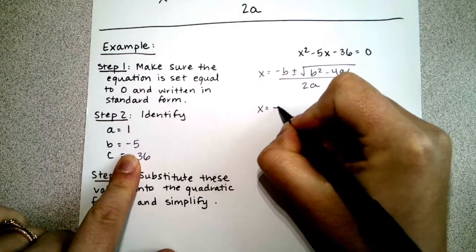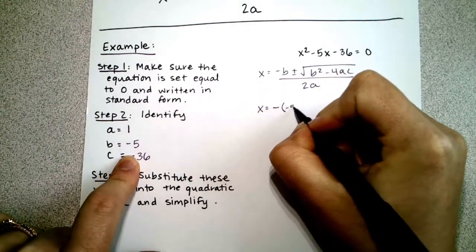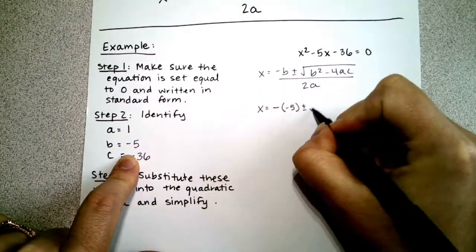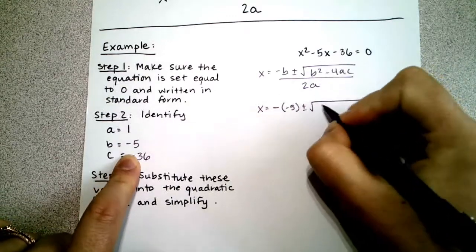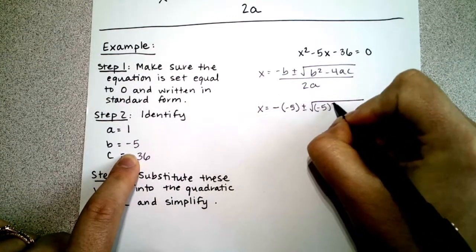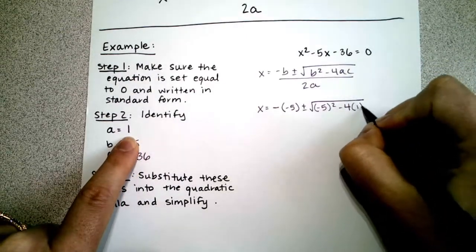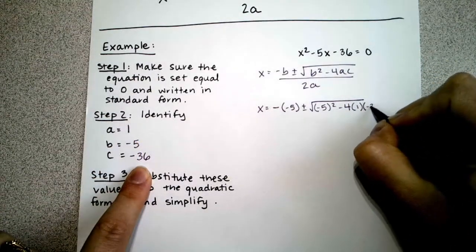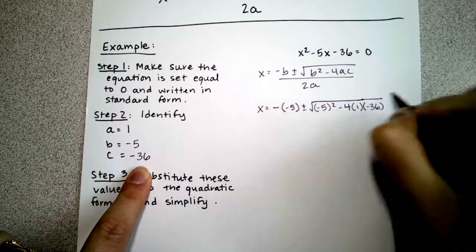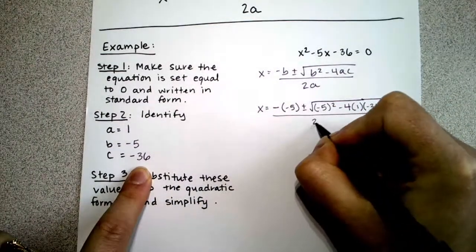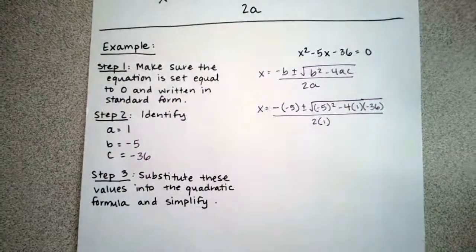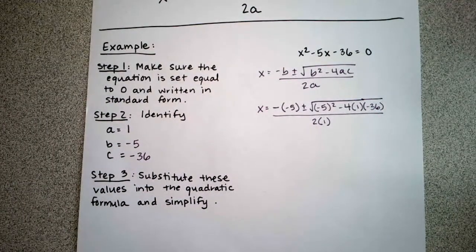So x is equal to negative, and then b is negative 5, plus or minus the square root of negative 5 squared, minus 4 times a, which is 1, times c, which is negative 36, all over 2 times a. Okay, and now we just simplify.